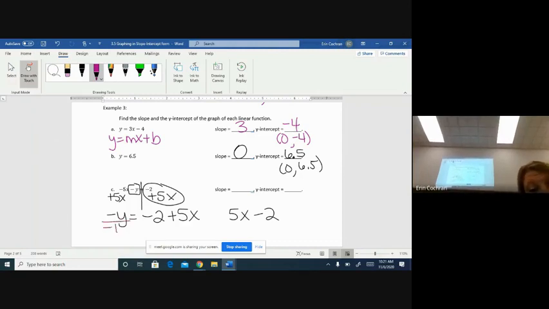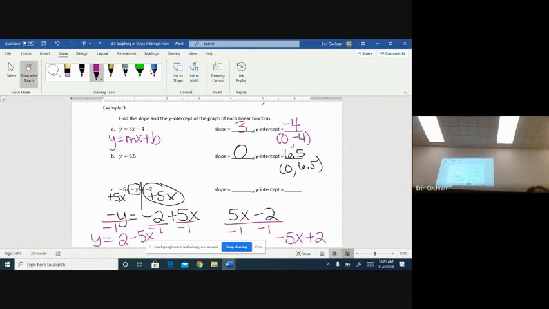Divide, and I make sure I divide everything. So y equals, what's a -2 divided by -1? +2. And what's a positive 5x divided by -1? -5x. Okay, so if I would have divided this side by -1, I would have had a -5x plus 2, right?